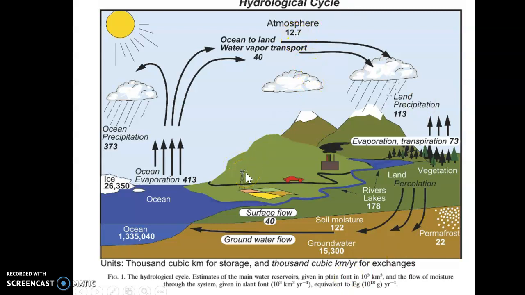So what we see is a huge amount of water tied up in ice. Those are units. And interestingly, if you look at all the rainfall in a year, and this is an annual thing, 113 units versus 26,000 units. So wow, that's kind of an interesting difference.